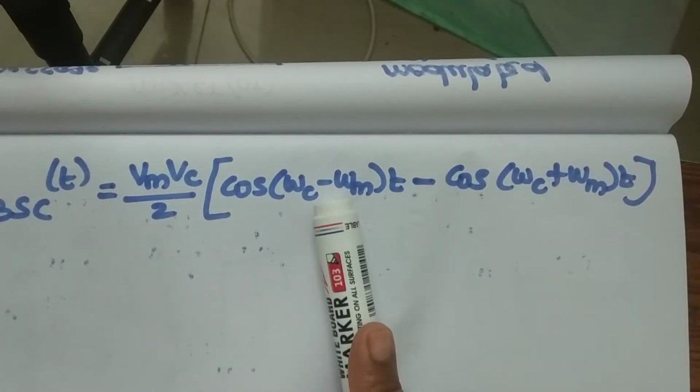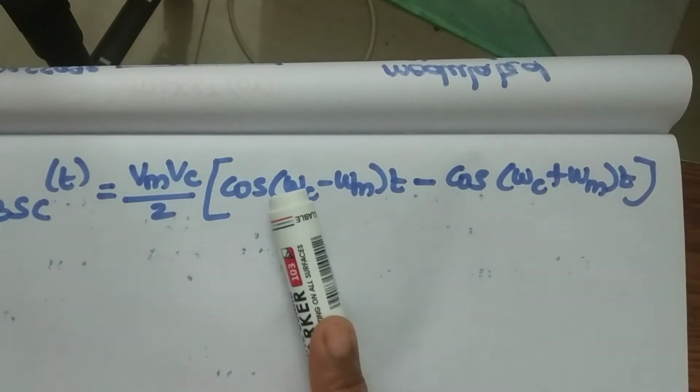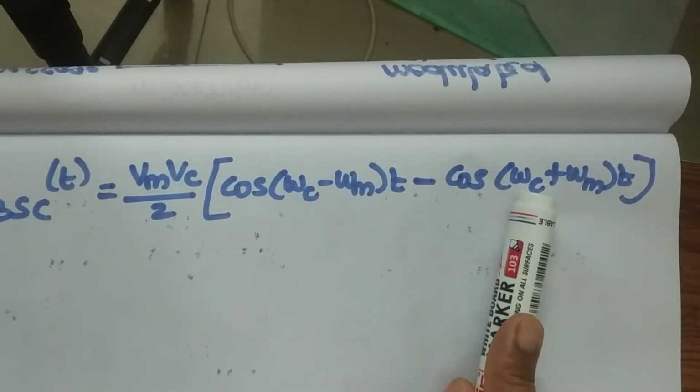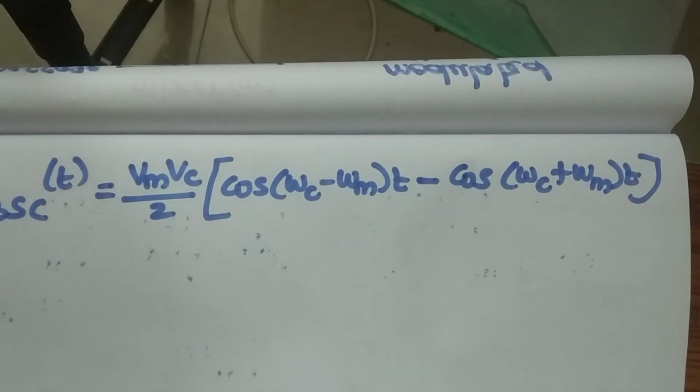This is the lower sideband, this is the upper sideband. Only sidebands are there in the output equation. The carrier is removed. The product of Vm of t and Vc of t produces the double sideband suppressed carrier amplitude modulated signal. Thus, we require a product modulator to generate the double sideband suppressed carrier signal.